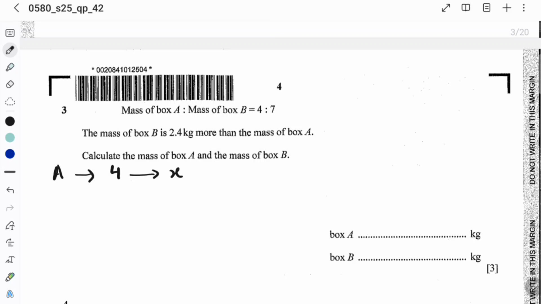For B, the ratio is 7, and we know that it is 2.4 kg more than A, so we can take x plus 2.4 kg.